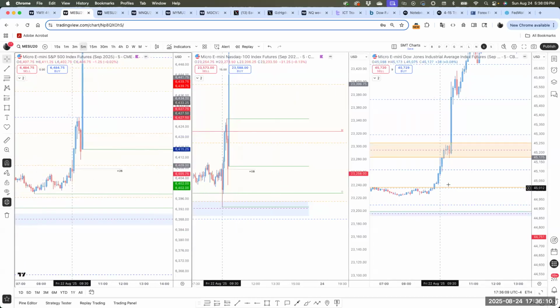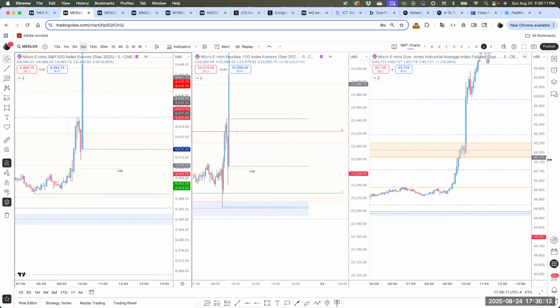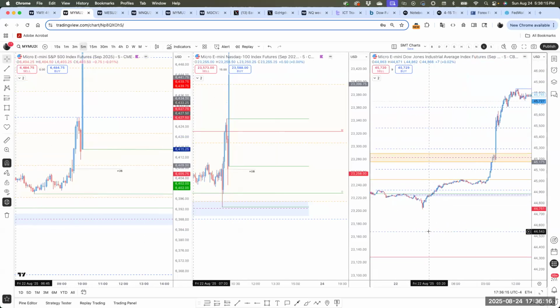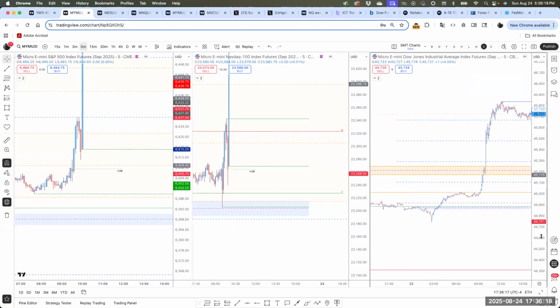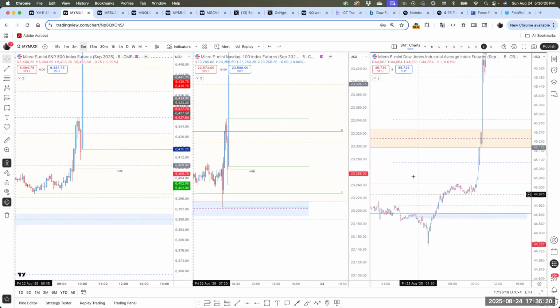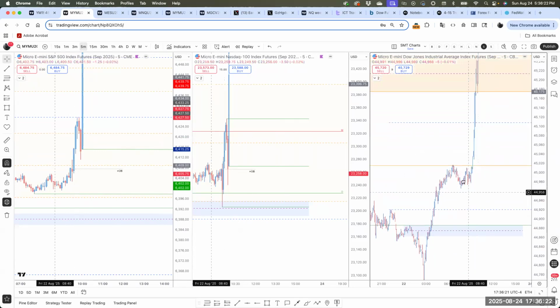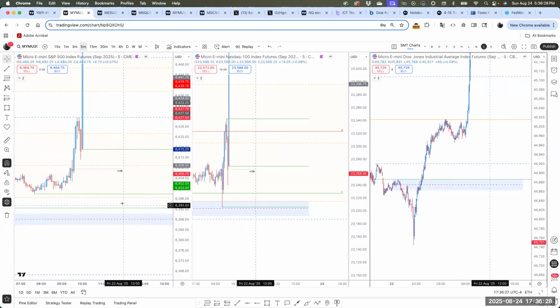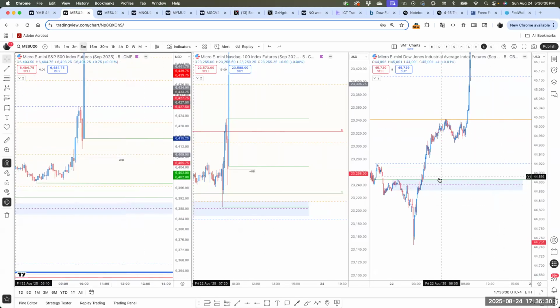Who does ES look more closer to? This YM right here, right? And this is our midnight opening candle. It didn't even come back into it. So now we can already see why I missed the trade.